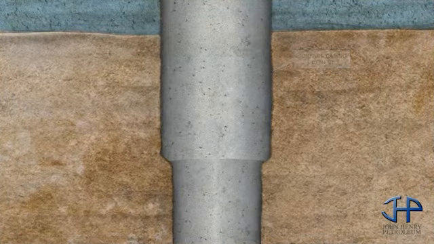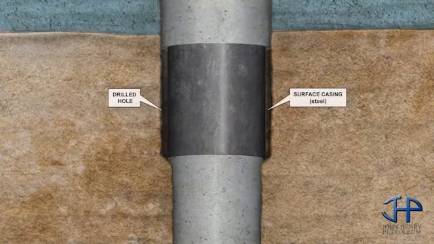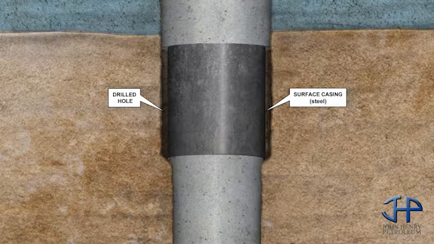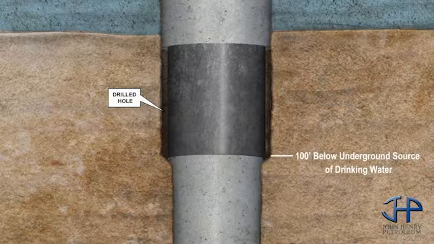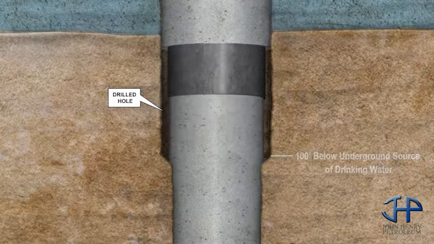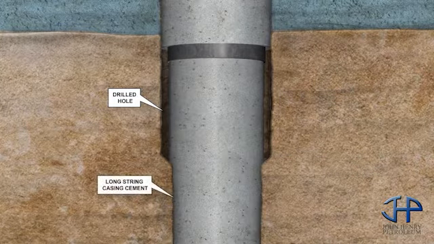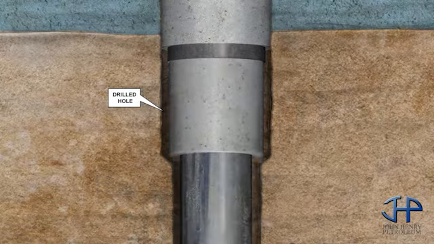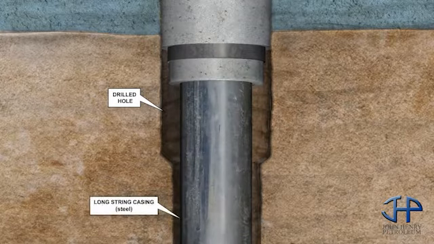Designed to protect drinking water aquifers, surface casing is installed to keep any potential contamination on the surface from entering around the well. Steel casing pipe is cemented into the hole down to at least 100 feet below the water source. In some designs, inside the surface casing is another layer of cement that surrounds a second steel pipe called the long string casing.